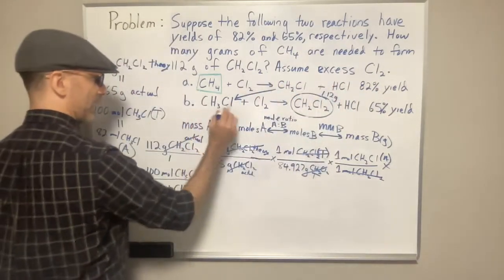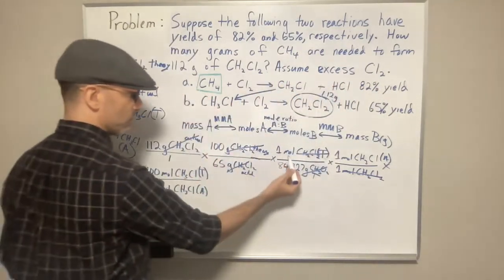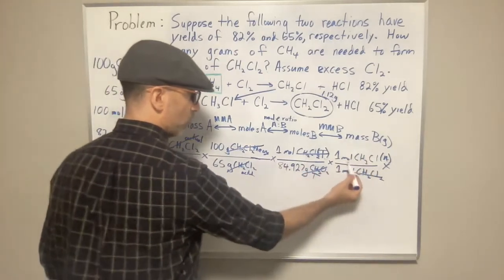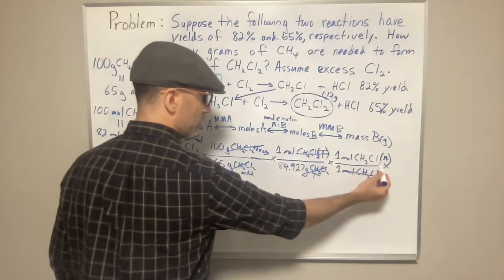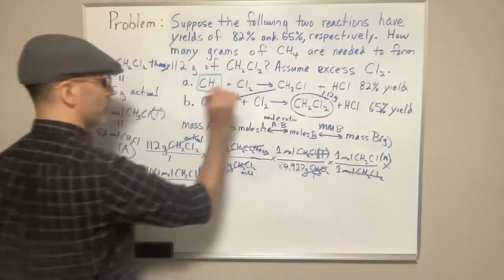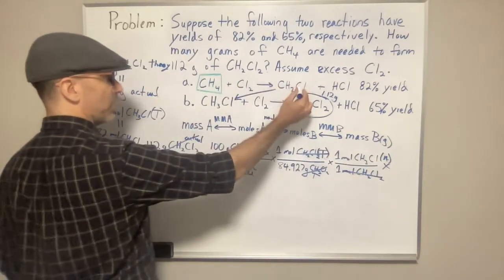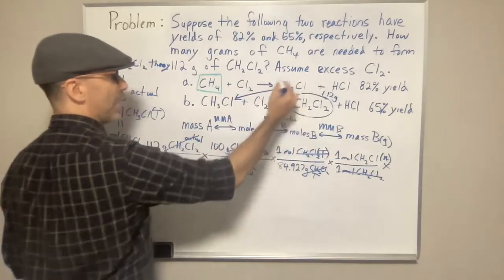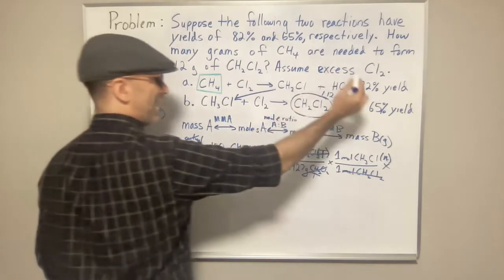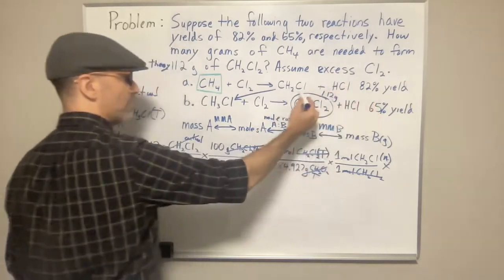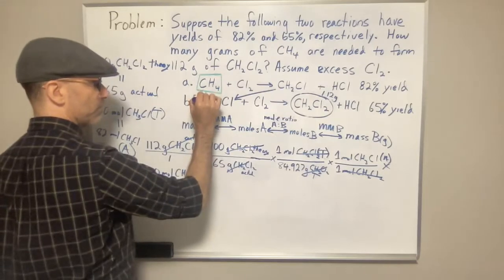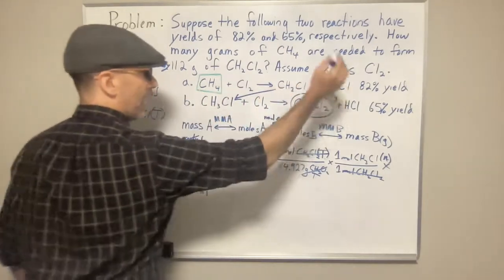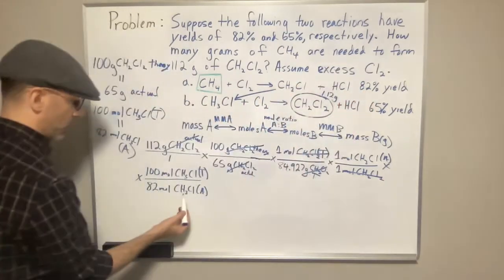So I'm moving back on this equation now. What I have here is moles of CH3Cl. That came from here. So the amount I got here is only 82% of what I should have gotten from here. I need to factor that in, and that's what I'm doing here.